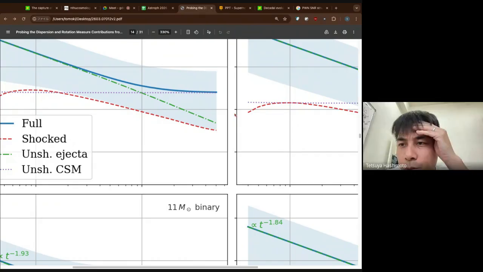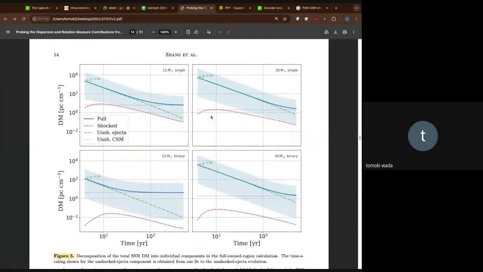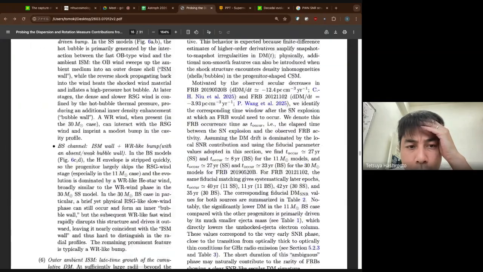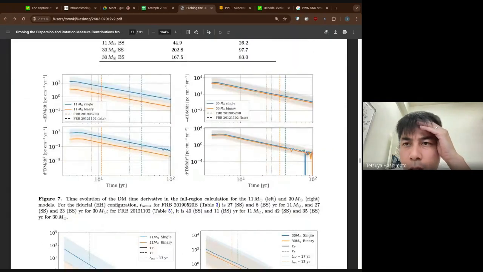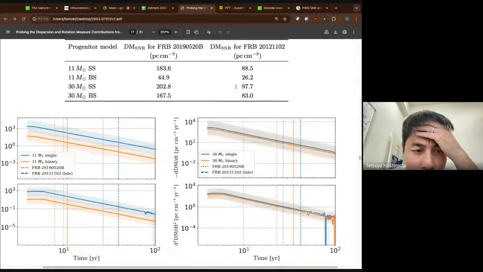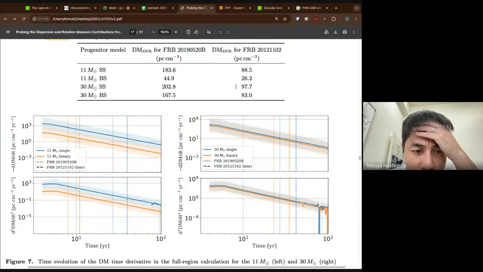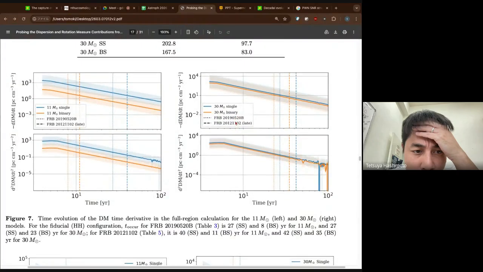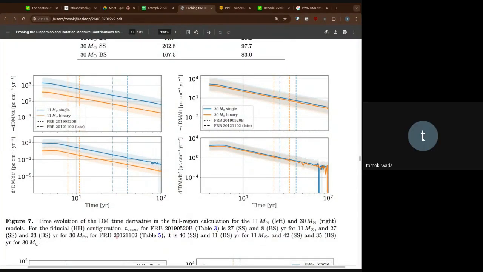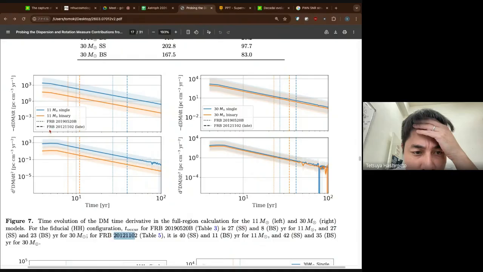Tomoki-san, I have a very small question. In figure 7, this DM change rate is interesting to me. In the legend, they say FRB 2019 and 2012, but in the figure I don't see these markers. Where are they?